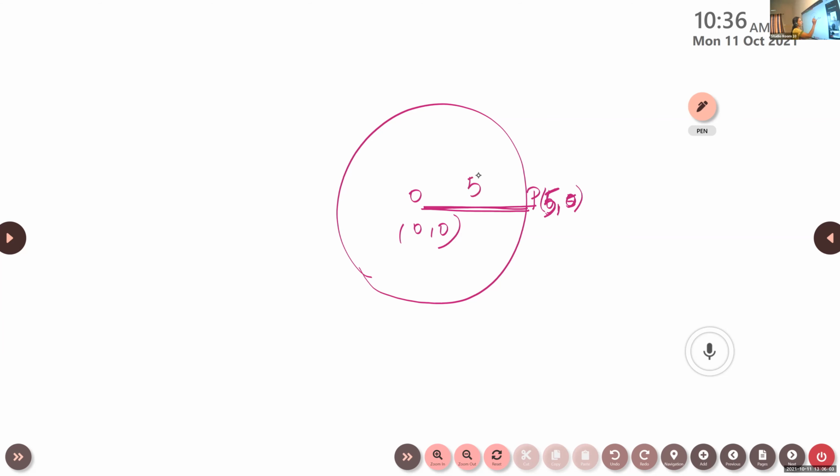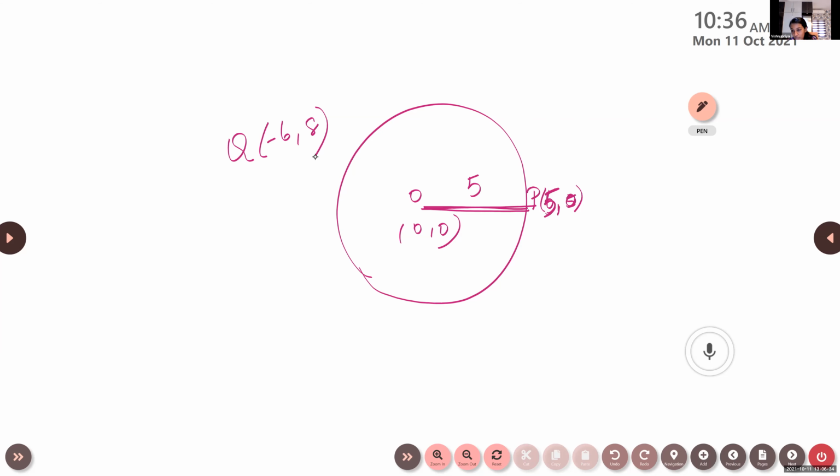Okay, now what is the question asked? We are given with another point. We have to check whether the point Q 6, 8 lies outside the circle. How will you do this? How to check whether the point lies inside or outside or on the circle? Yes, distance from origin. Yes, Vishnupriya, repeat it.